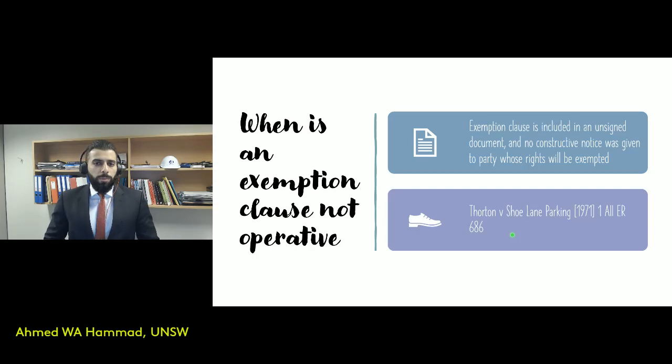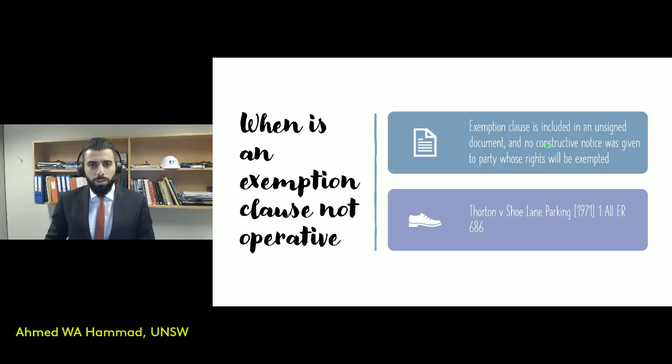And again, another reason why an exemption clause would not operate is if the exemption clause was included in an unsigned document, and hence no constructive notice was given to the party whose rights will be impacted. And an authority case is this one over here. Now, notice that I said constructive notice.